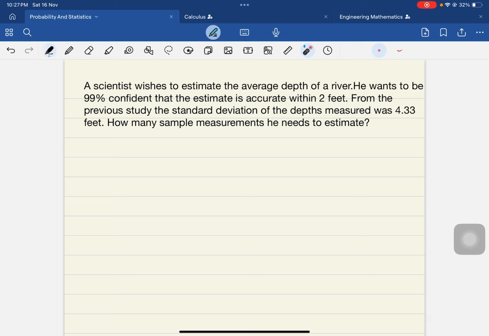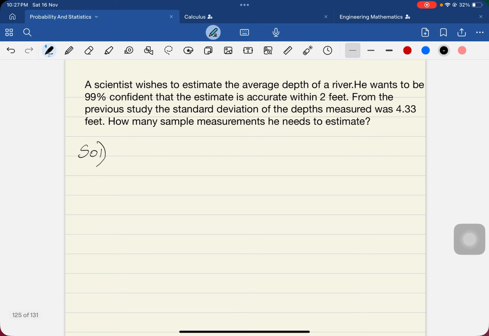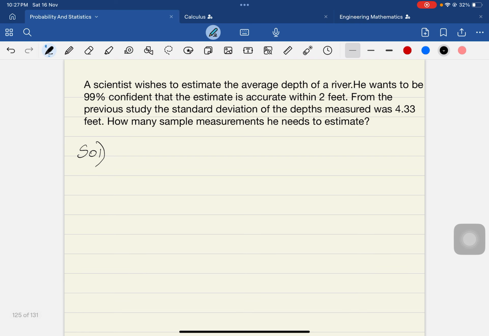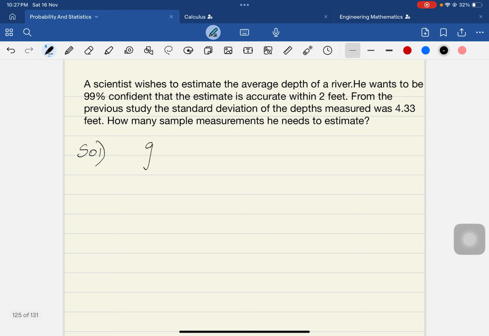So here, what was given? He has not given the sample mean, and he has not given the number of observations either. What was given is just the sigma value, the standard deviation of the depths, which is 4.33. And the confidence is 99%.